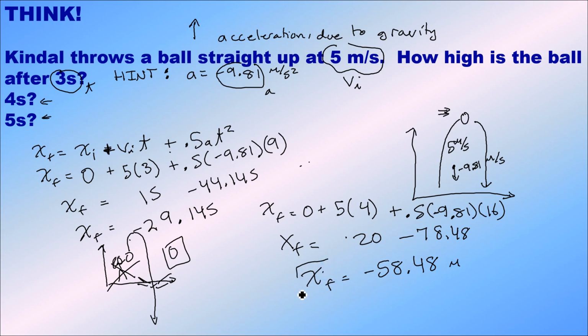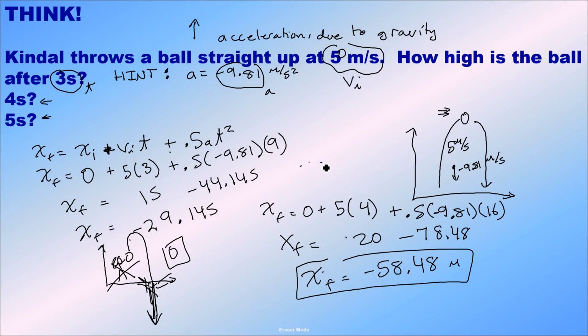So that means she threw this ball up, and somehow, some way, it smashes through the ground and falls 58 meters below ground. Doesn't make sense. Who made up this problem? She should probably throw at 50 meters per second. That might make more sense.